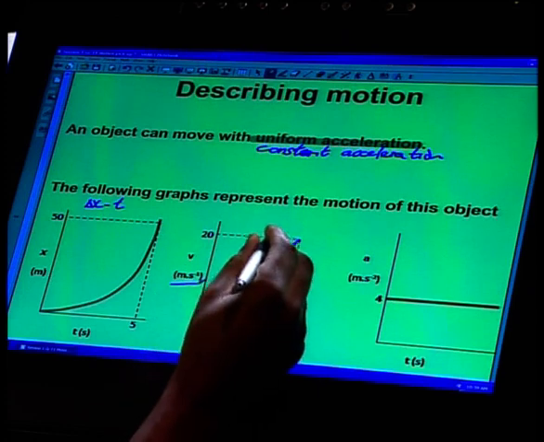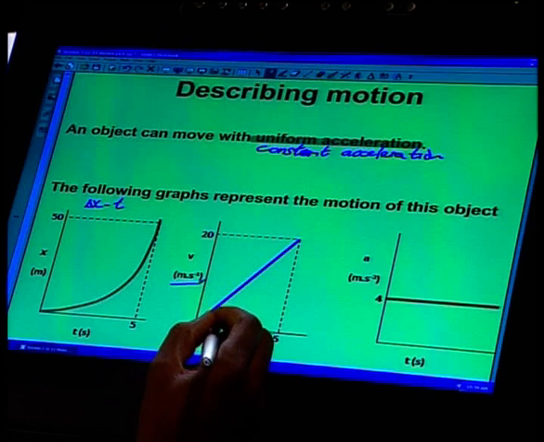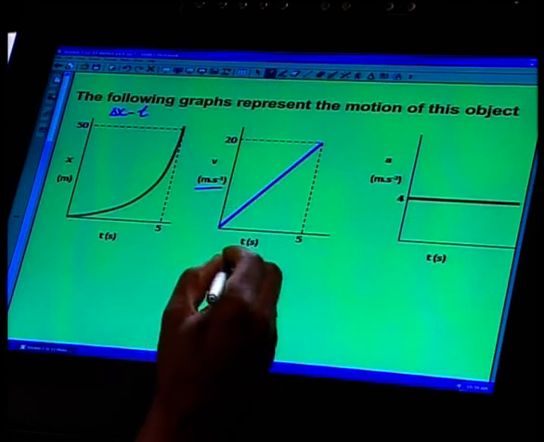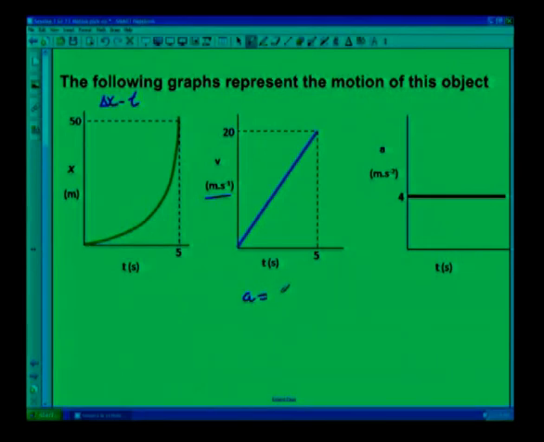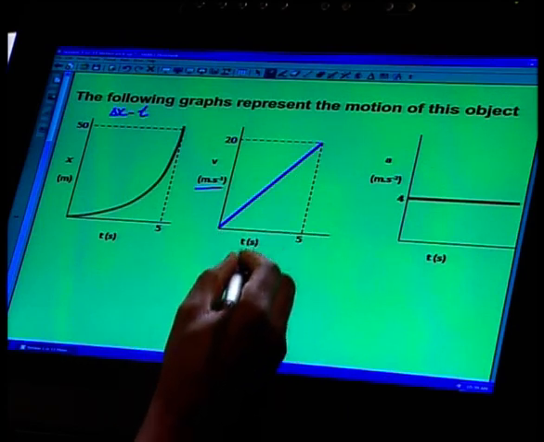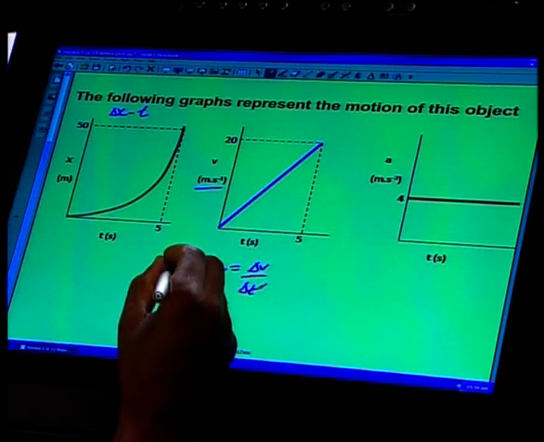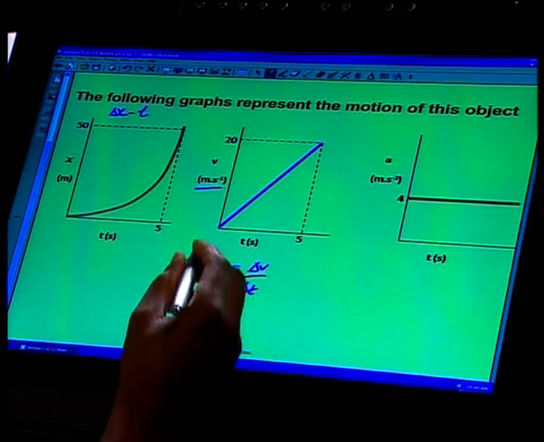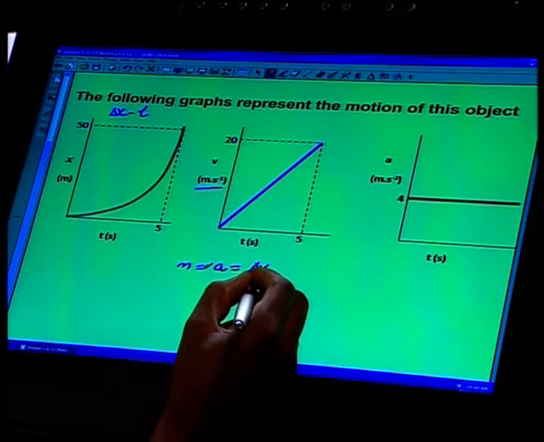If we were to calculate for the acceleration here, and we know that acceleration is basically change in velocity over change in time, you would see that change in velocity and then change in time along the horizontal is actually the gradient of this graph, the m. So the gradient of this graph here gives us the acceleration.